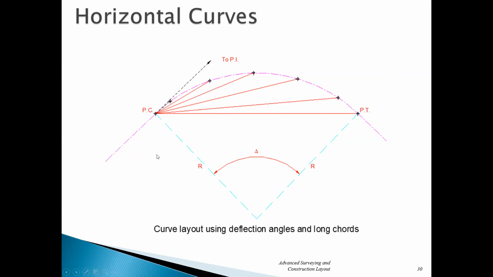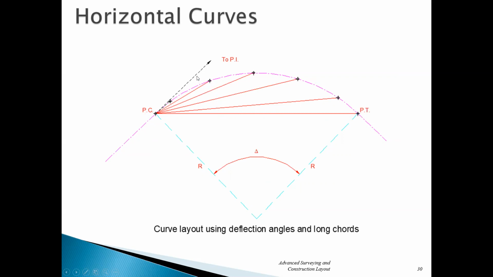There's a geometric relationship happening between these. What's really cool about this is that we have delta down here from the radius to the radius. The last deflection angle, from the PC to the PT, is always half of the central angle, so this angle is always going to be delta over 2.